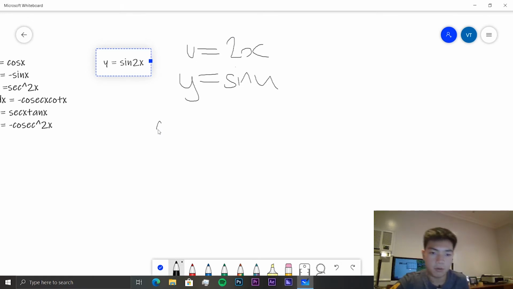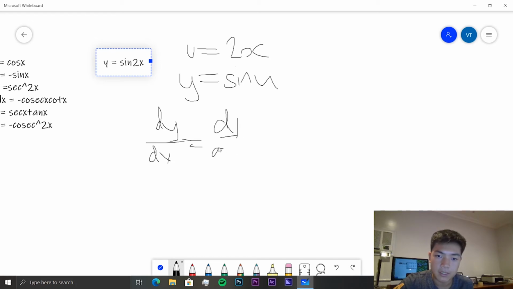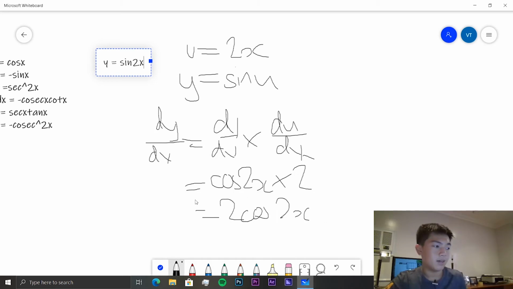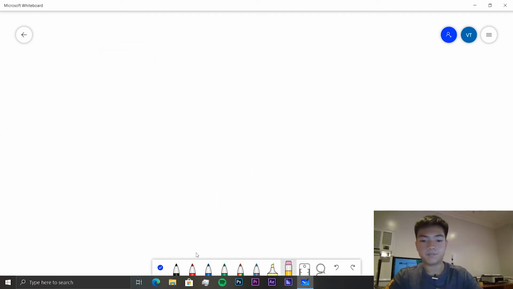We can use chain rule because dy over dx is equal to dy over du times du over dx, so we differentiate both. dy over du is cosine u, which is cosine 2x, and du over dx is equal to 2. So it's cosine 2x times 2, which is equal to 2 cosine 2x. The exact same result we got in the previous video.